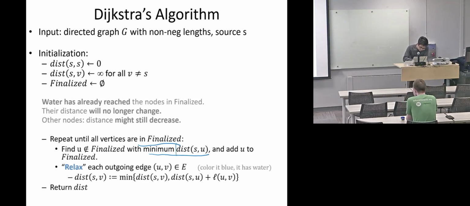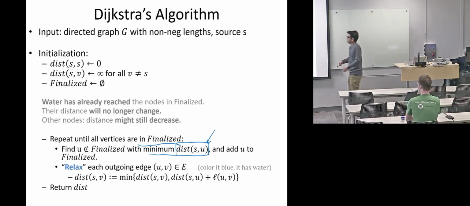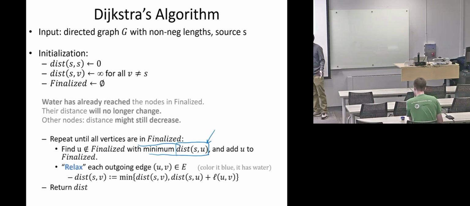This distance is basically the distance using only red and blue edges. We maintain some distance here, and this keeps being updated. And how do we update? We update using this rule. I will go into this in more detail and prove it formally next time.